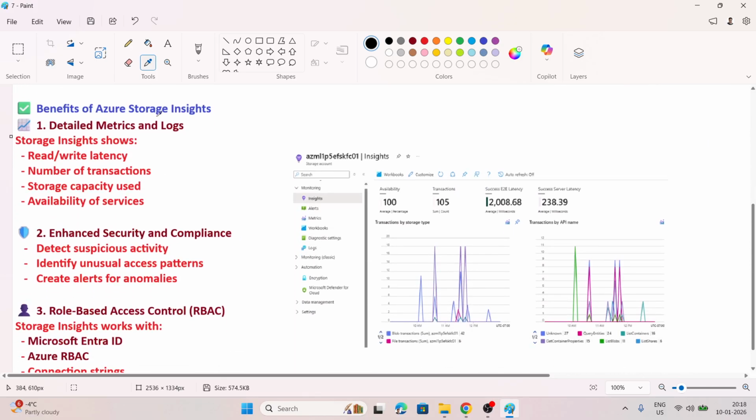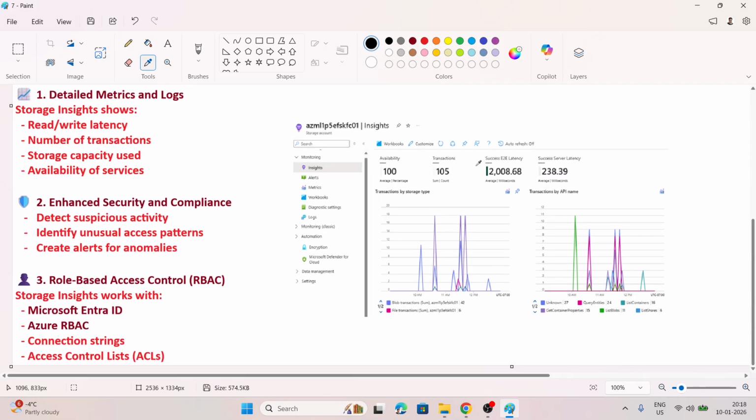The benefits are detailed metrics and logs: it shows read and write latency, number of transactions, storage capacity used, and availability of service. In this picture, this comes under monitoring, and this is how insights will look.